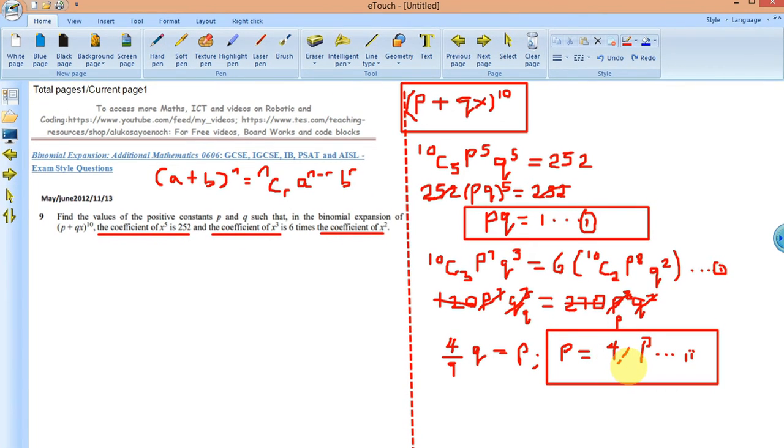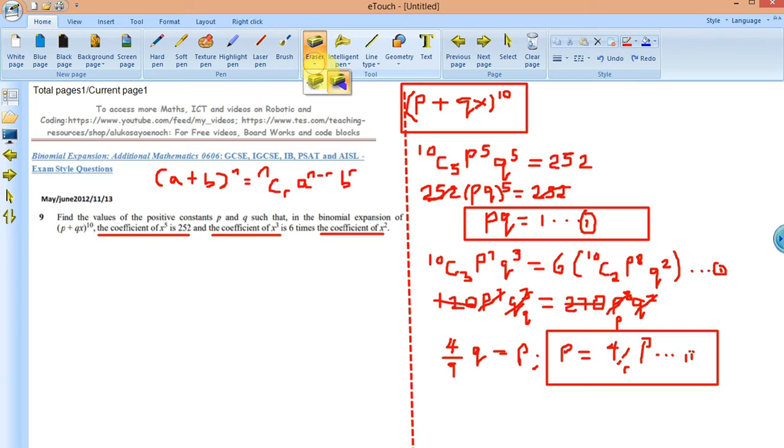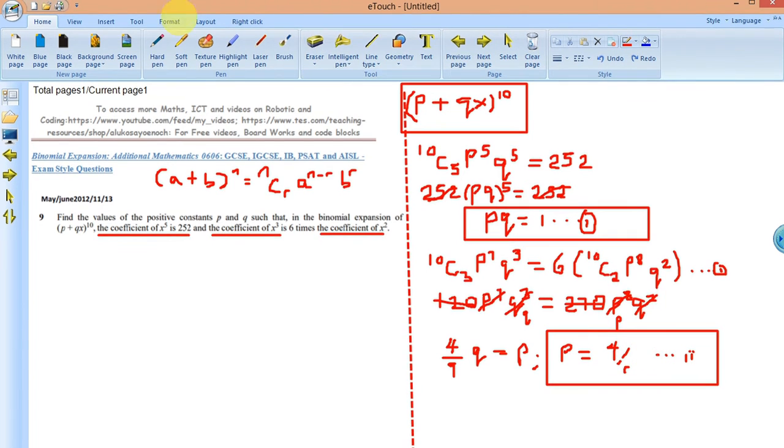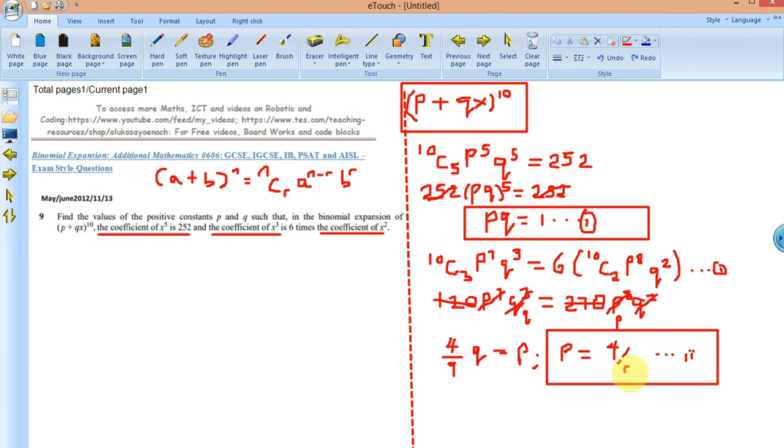And this is q. P equals 4 over 9 q. I just rewrite this.